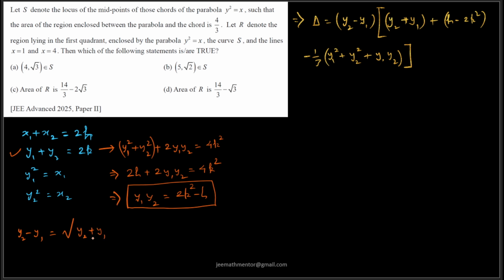So y2 minus y1 will be square root over y2 plus y1 whole squared minus 4y1 y2, which is square root over y2 plus y1 whole squared would be 4k squared minus 4 times y1 y2, we just derived 2k squared minus h.